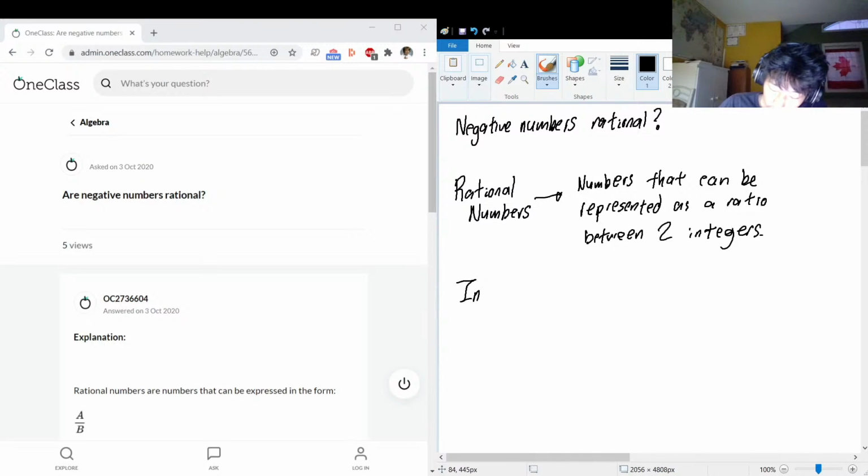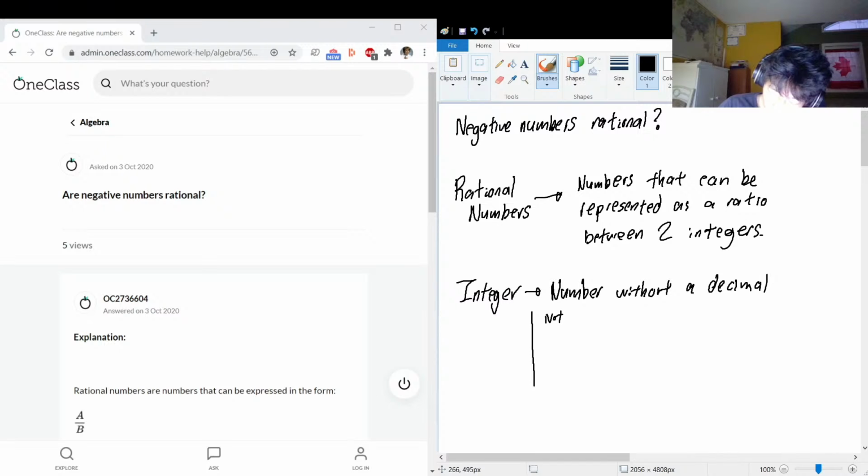An integer is a number without a decimal part. Okay? Without a decimal.